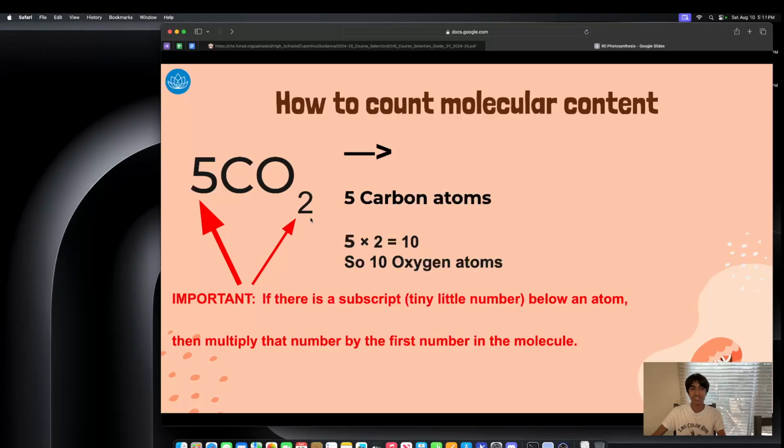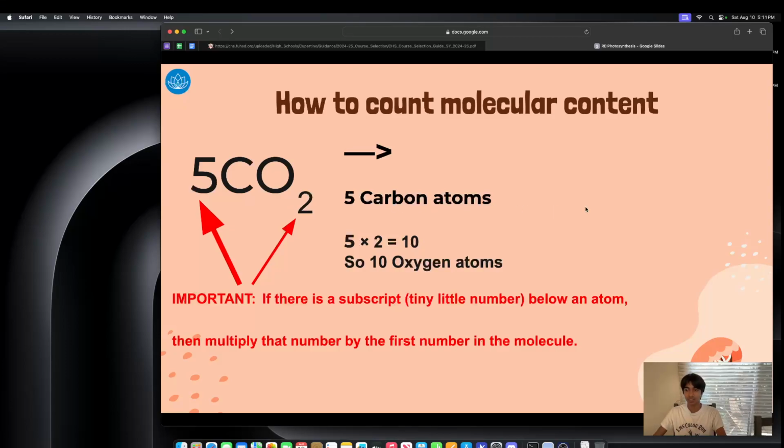Then see this subscript, the tiny number below an atom. This is oxygen with a 2, which is a subscript. If there's a subscript below an atom, multiply that number by the first number in the molecule. So this is 5, times 2 is 10, so we have 10 oxygen atoms. So in 5 CO2, we have 5 carbon atoms and 10 oxygen atoms.